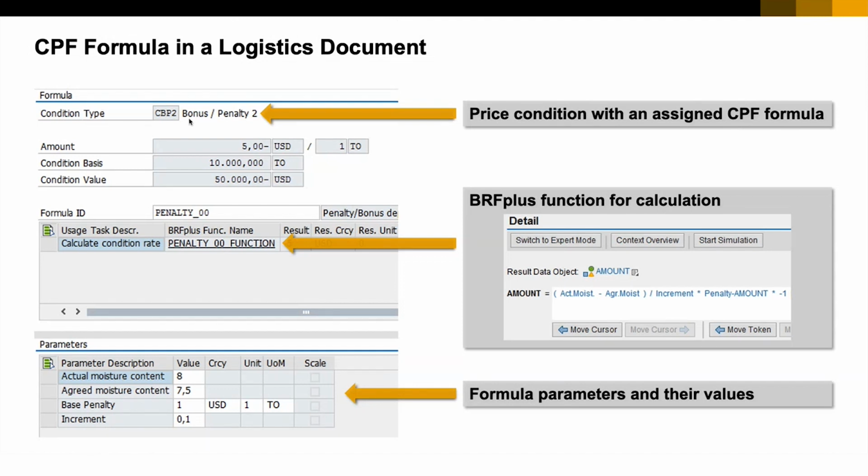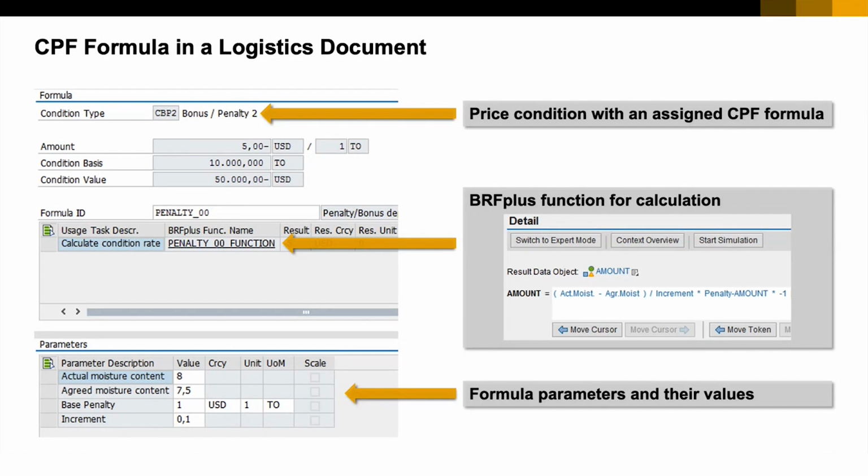The condition type needs to be set up, and then you would assign a formula, which can be either a default formula, or you can select it on the fly, and then it will be calculated.